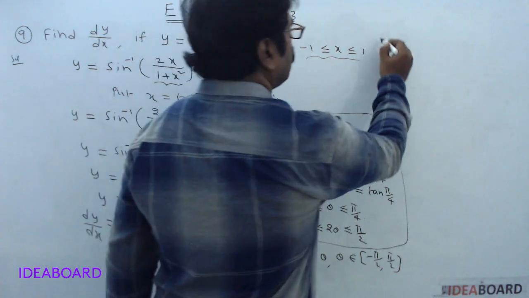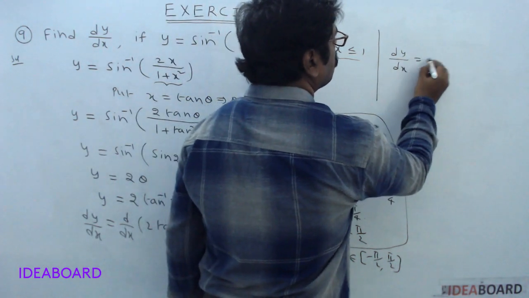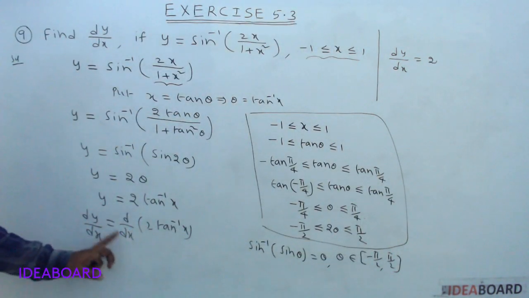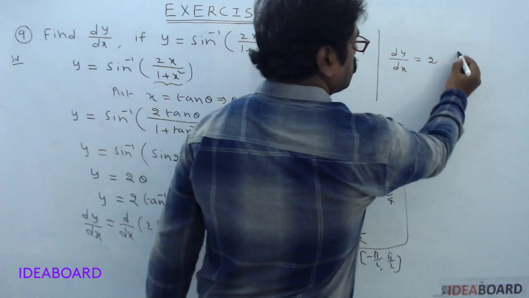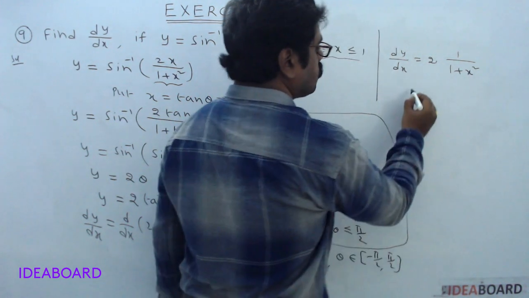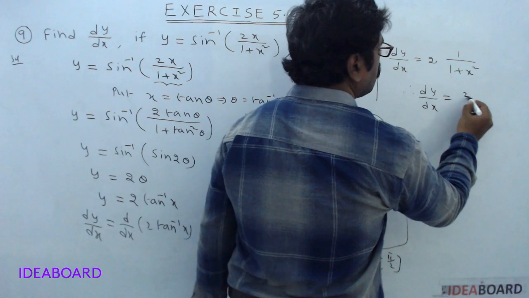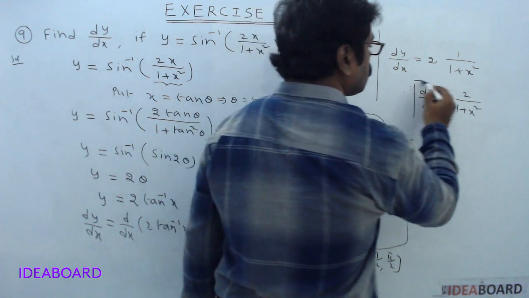Once again, dy by dx is equal to 2 into, here 2 is the constant term, 2 into the derivative of tan inverse x. Derivative of tan inverse of x is 1 divided by 1 plus x square. So therefore dy by dx is equal to 2 divided by 1 plus x square.